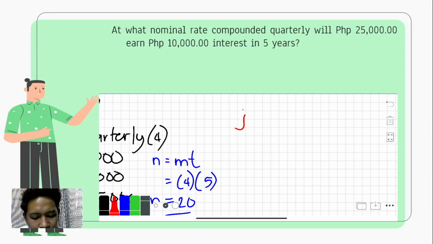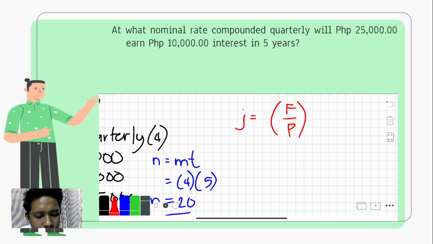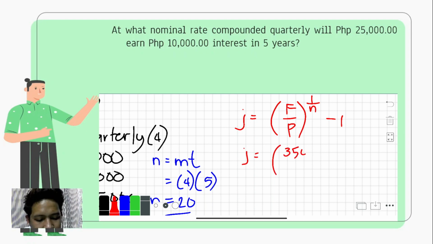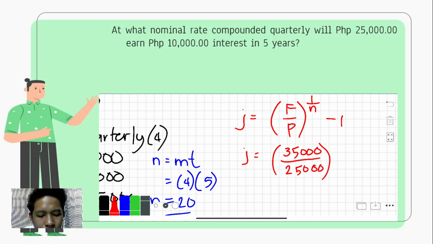That is J equals F over P raised to 1 over N minus 1. Okay po? So, we'll be having J equals, ang ating future value is 35,000. And our principal is 25,000. Raised to 1 over N, that is 1 over 20, minus 1. So, simplify muna natin ito.